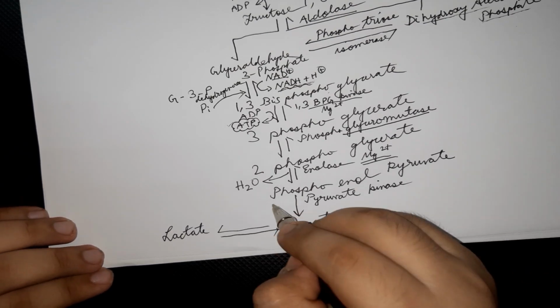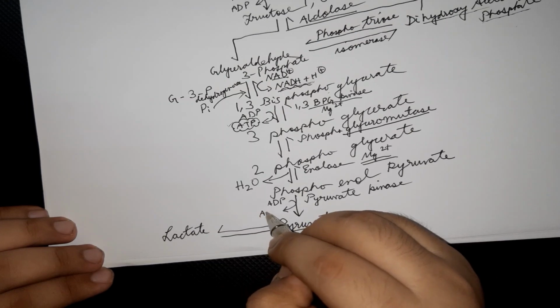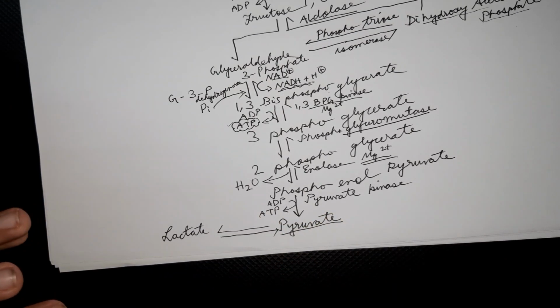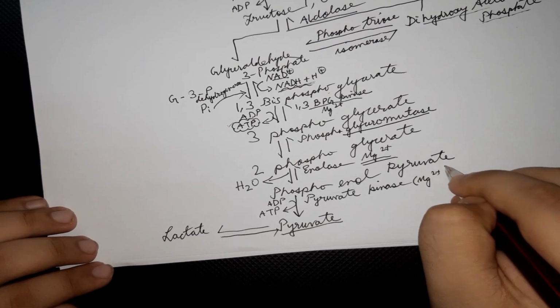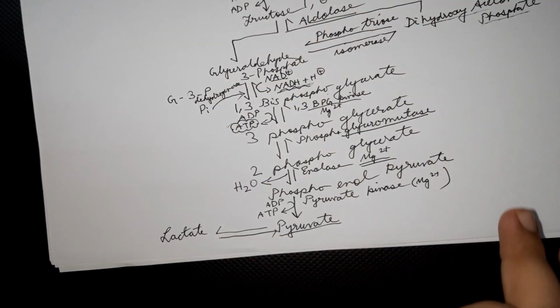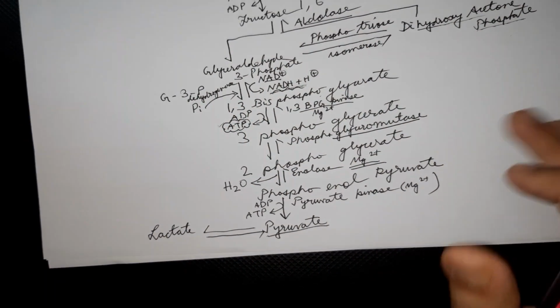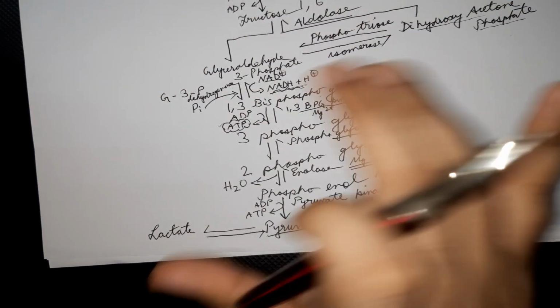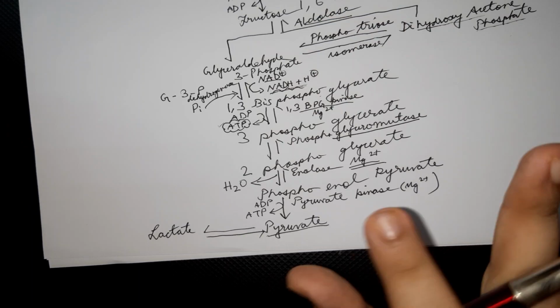Okay, and this is another one of those steps where ATP is formed, ADP to ATP, and being a kinase, it will require magnesium. Done. So that will complete the basic skeleton of the metabolic pathway. We only wrote the enzymes and the different substrates. So we completed the actual thing.